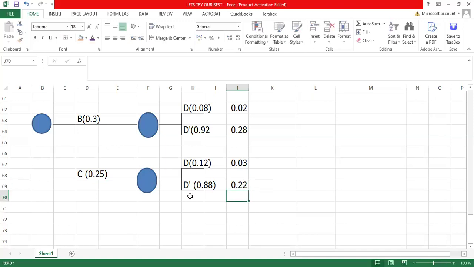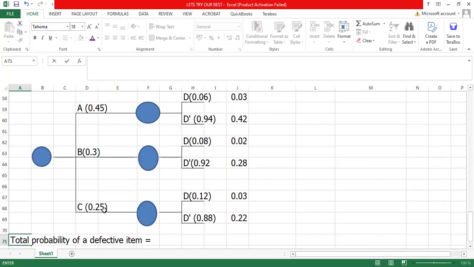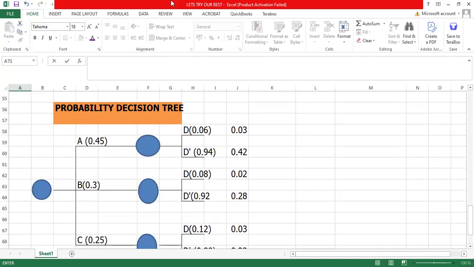Okay, so remember, if you want to know the total probability of producing a defective item, you will see where you have defective. Are we together?